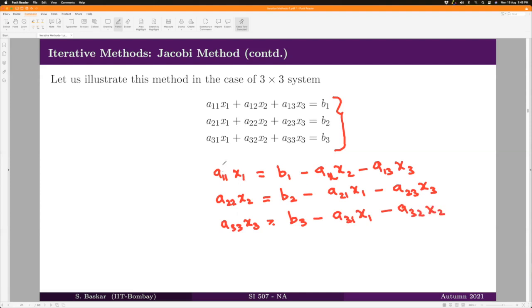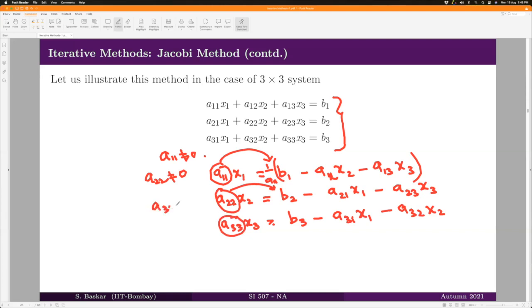Now what you do, if a11 is not equal to 0, then this can be brought to the other side and made 1 by dividing the entire thing by a11. Similarly, if a22 is not equal to 0, then you can do the same idea here also. And similarly, if a33 is not equal to 0, then you can push this to the right hand side.